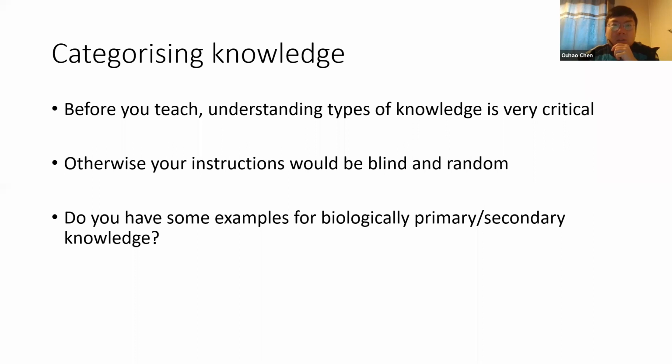Okay, I got another question. Can we say someone who doesn't have biological primary knowledge is a special needs person? I think that is a very good question, because biological primary knowledge is something we naturally inherit from our ancestors, like I said, hearing and talking.